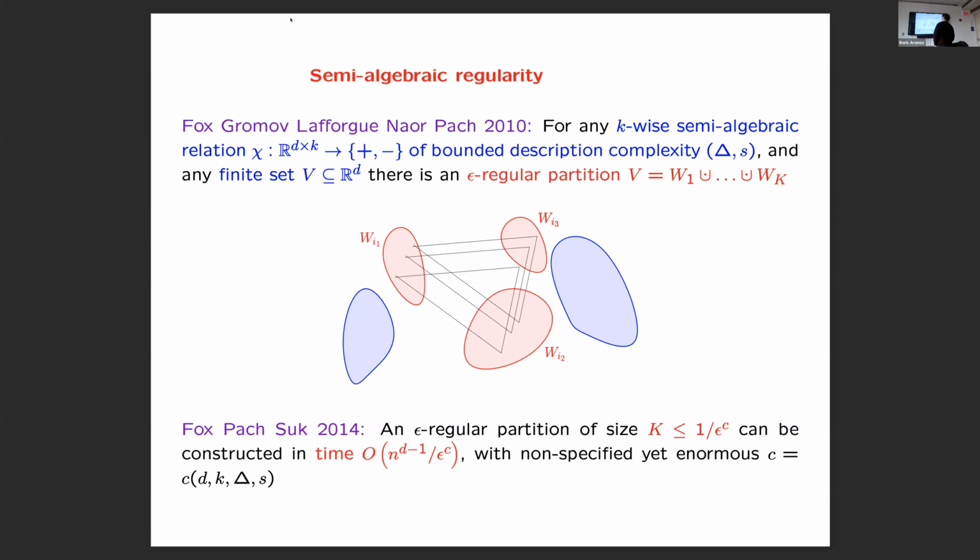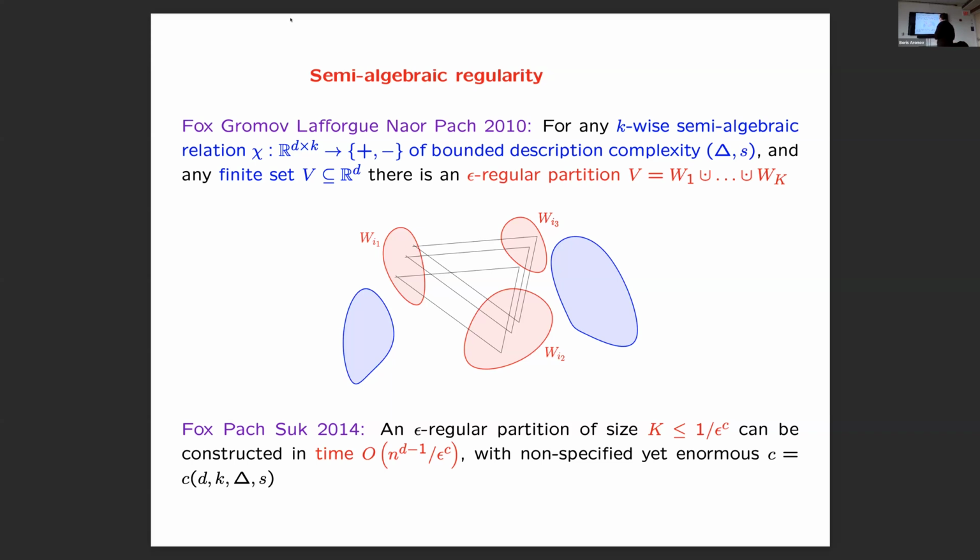So the first result in this direction was obtained by these folks whom I already mentioned. And in fact, what they set out to study was not semi-algebraic hypergraphs, but rather what they called geometric expanders. So they looked for higher dimensional variants of expanders.